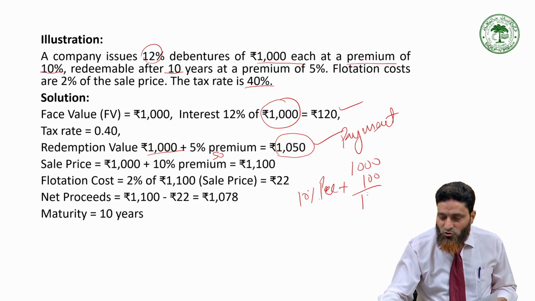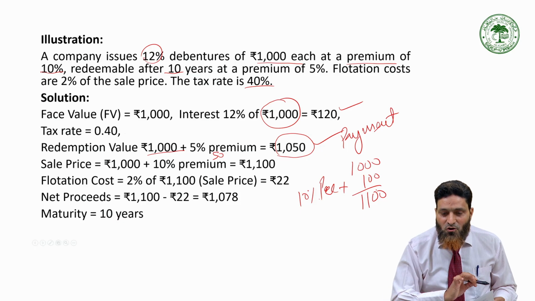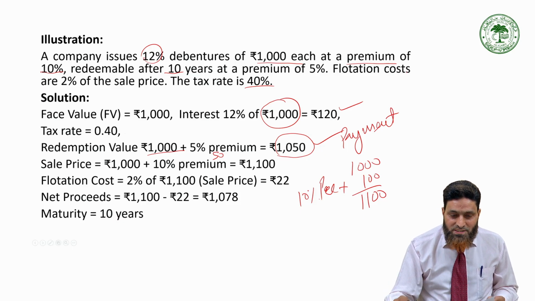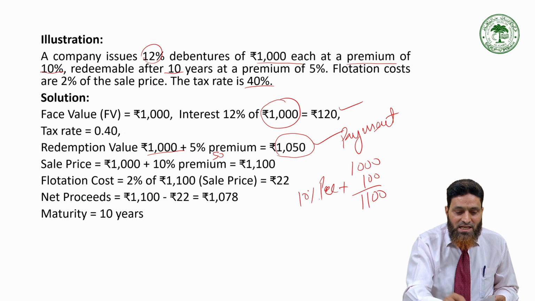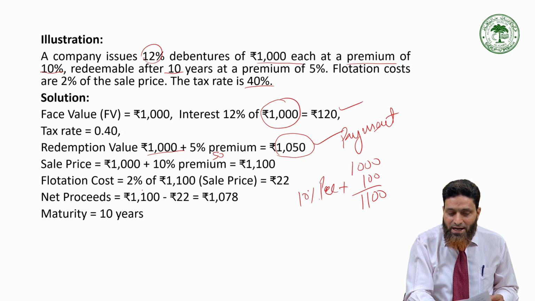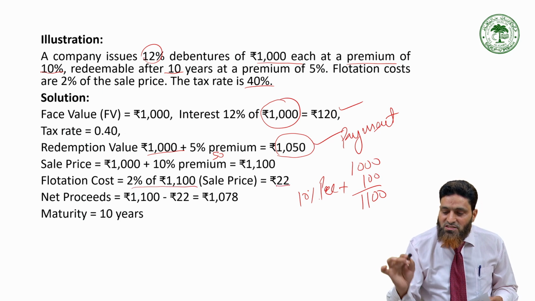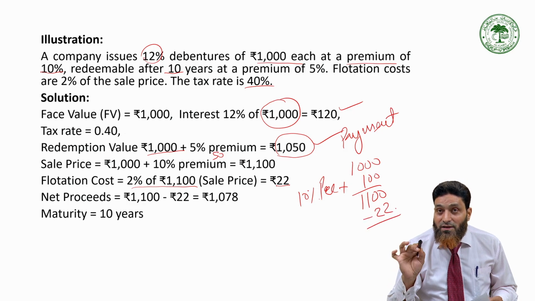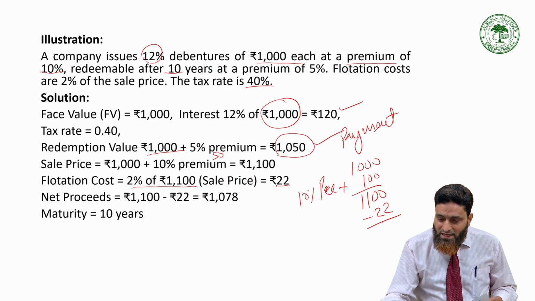So 1100 rupees. And how much flotation cost? 2% is given as flotation cost, 2% of the sale price. So 1100 and 2% of this, 22 is the flotation cost. If we minus 22, that amount is the actual expense at the time of issue of the debenture. So the real amount the company received is 1078.